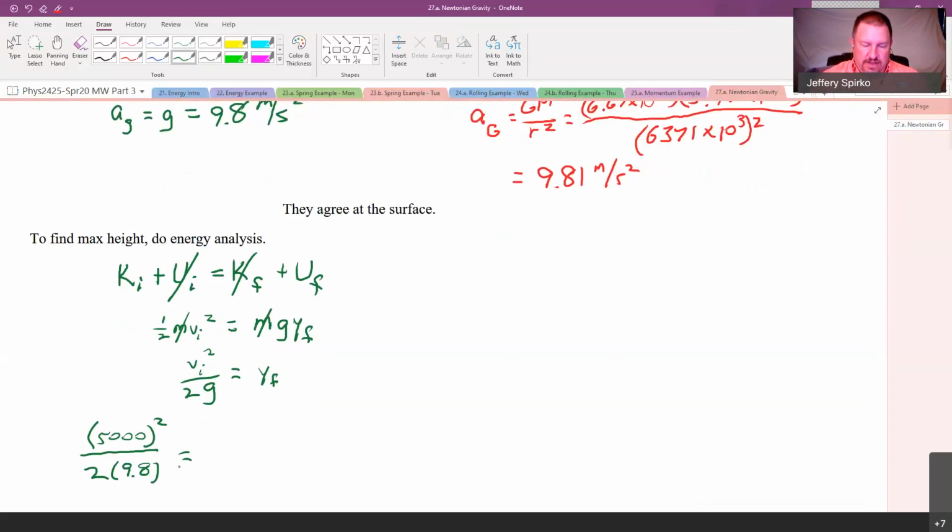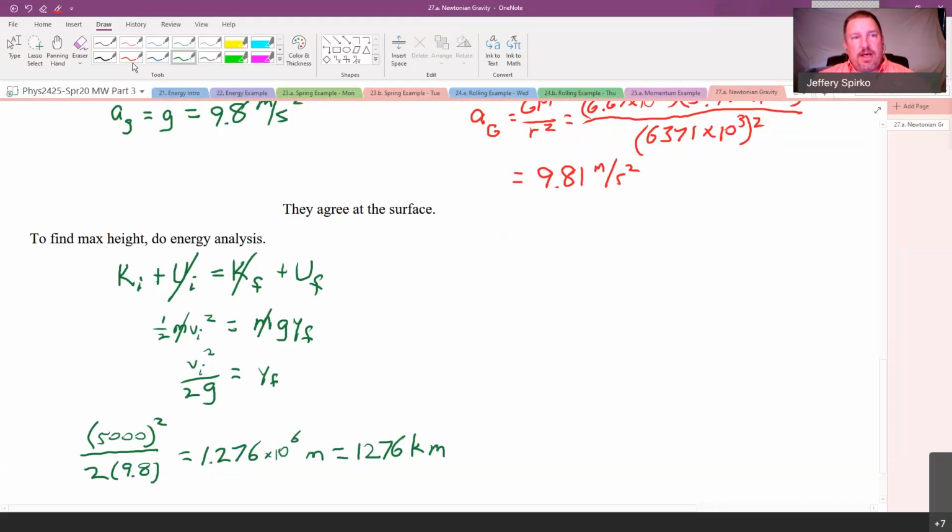So that would be 5,000 squared divided by 2 times 9.8 is, that's a lot, 1.276 times 10 to the 6th meters. That's 1276 kilometers is y final by that method.